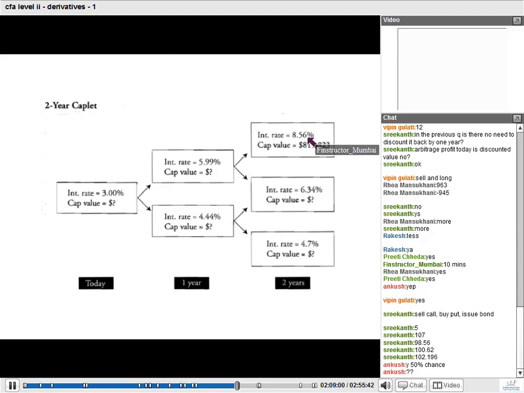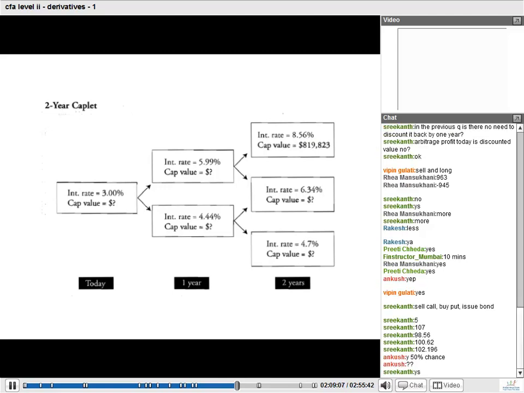So will the option be exercised if the rates actually go up to 8.56%? The payoff will be the notional, which is 25 million in this case, multiplied by how much in the money you are, that is 8.56% minus 5%, times the term of the caplet, which is an annual reset, so times 1 year.